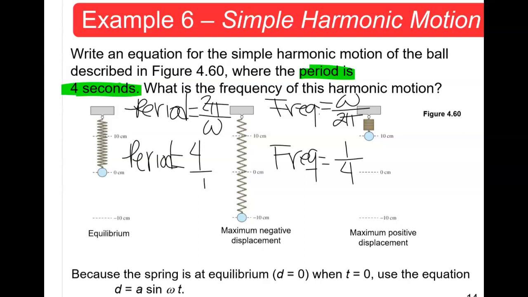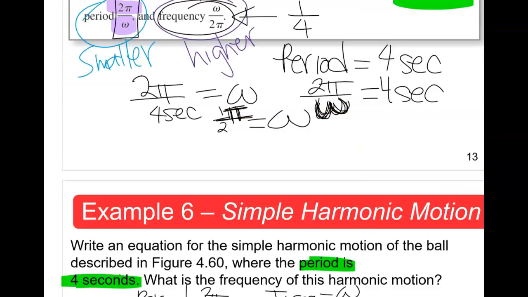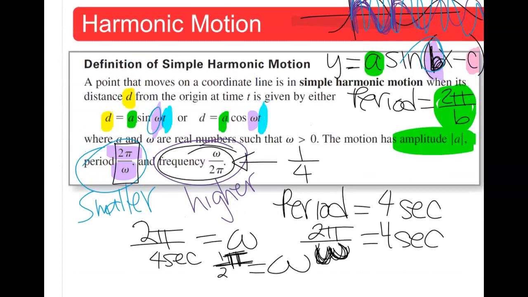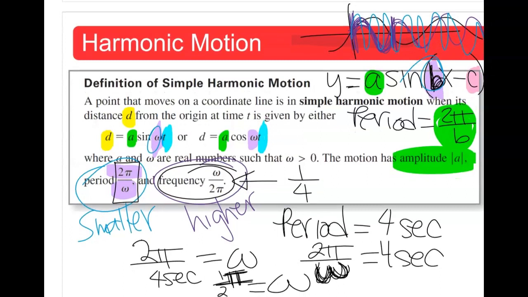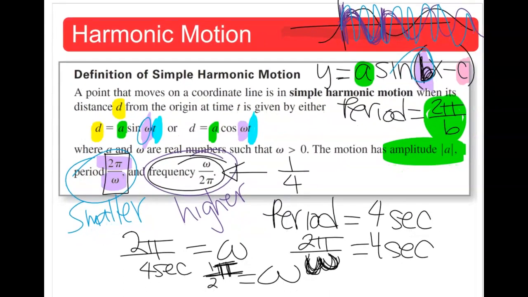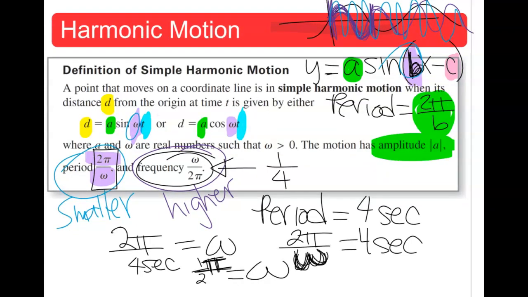Now, we have the choice to use sine or cosine for our harmonic motion, and I want to show you here how we do it. It just depends if you are starting from the origin. So if you're starting from the origin or from 0, from the middle point between the maximum positive and the maximum negative displacement, so the midpoint, that is the equilibrium point, then I would recommend that you use sine.